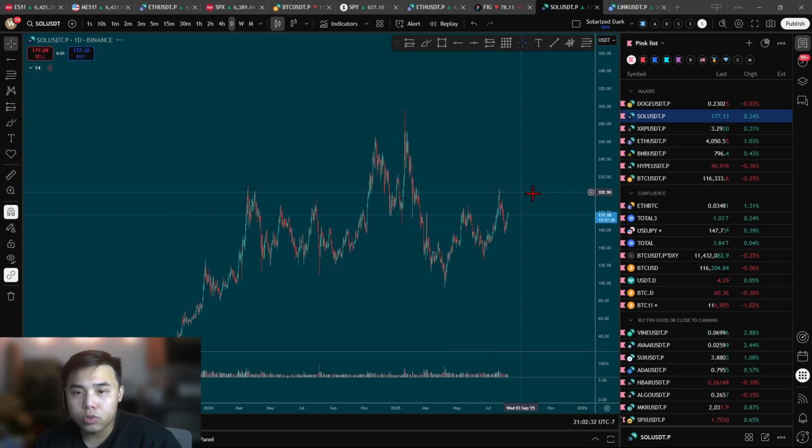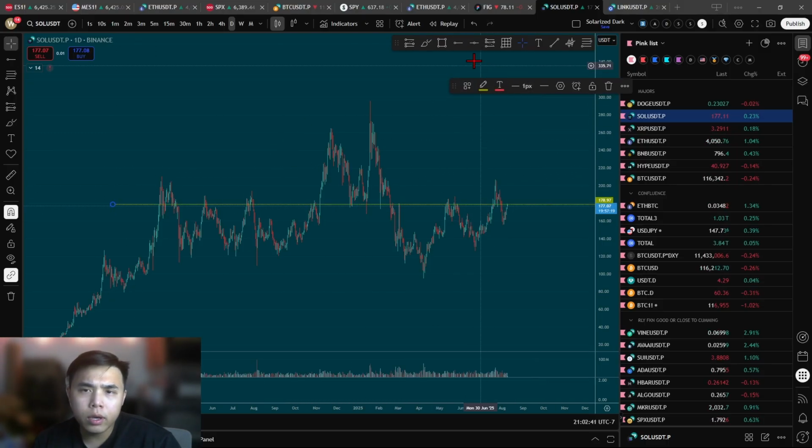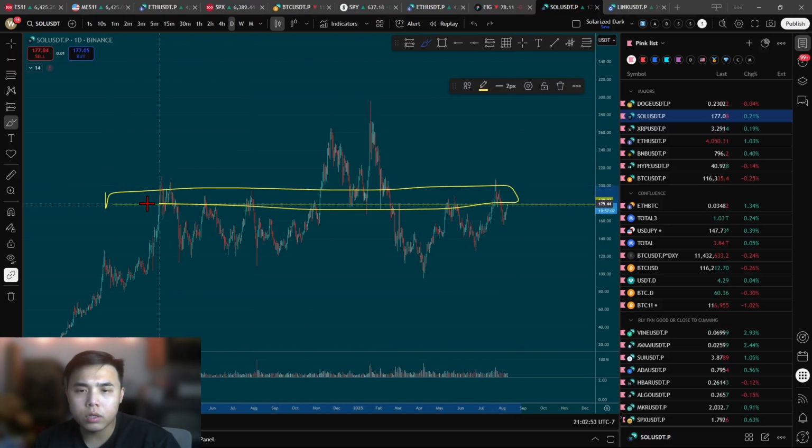Now, if we zoom out on Sol and we see the SBR highs right here, right? If we try to draw a line through it, look how messy it is. There's price action here, here, here, here, here, here. It's not very clean as to what the level is that you should be using.